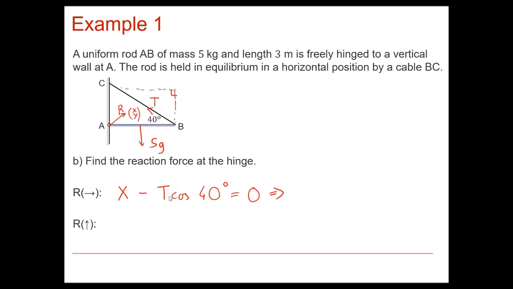We know what the value of T is from the previous part, so I can easily rearrange that to find X, in newtons. Then if we do the same thing vertically, we have the component Y acting upwards, plus the component of T sine 40 acting upwards, and we've got the weight acting downwards, so that's minus 5G, and that also equals 0.